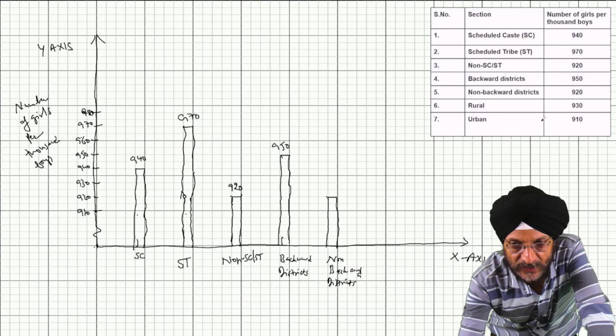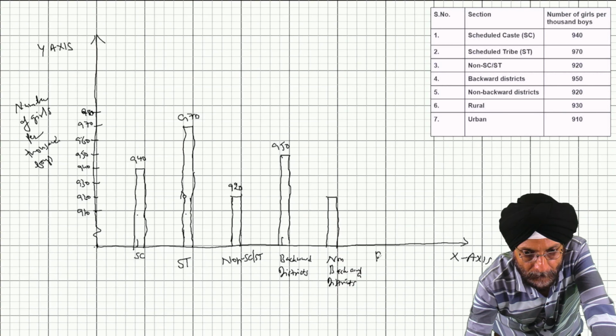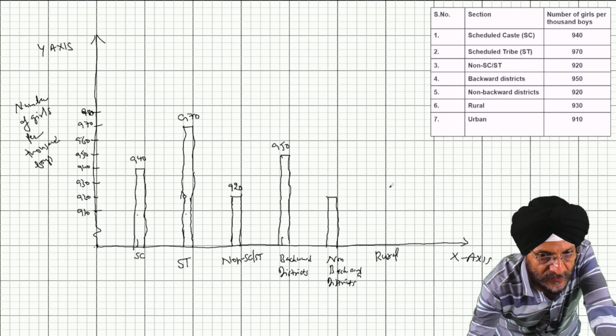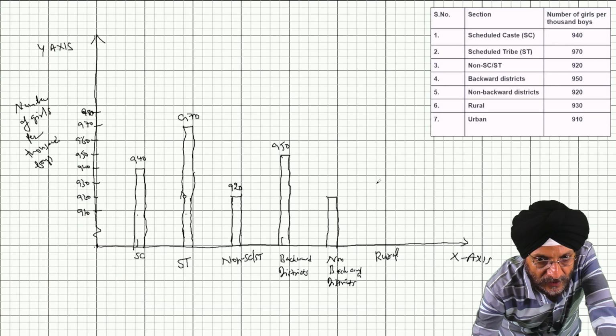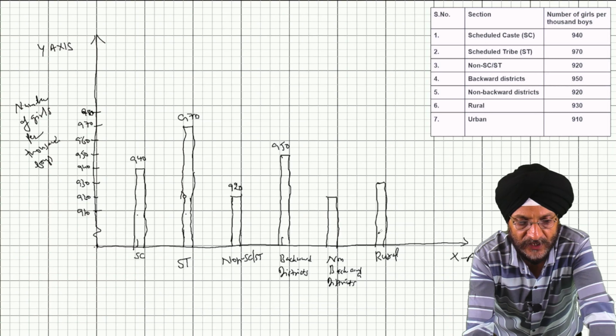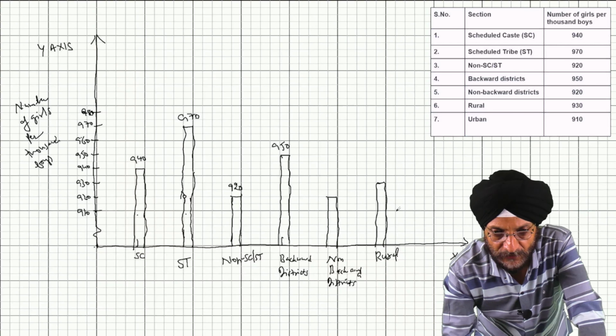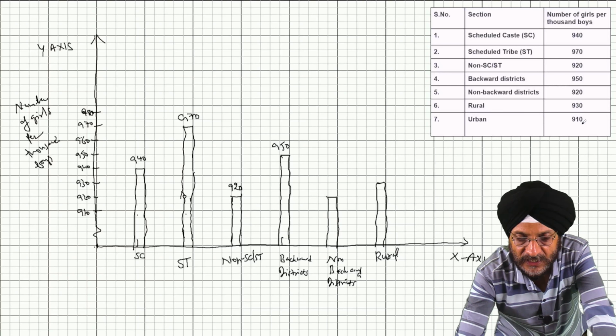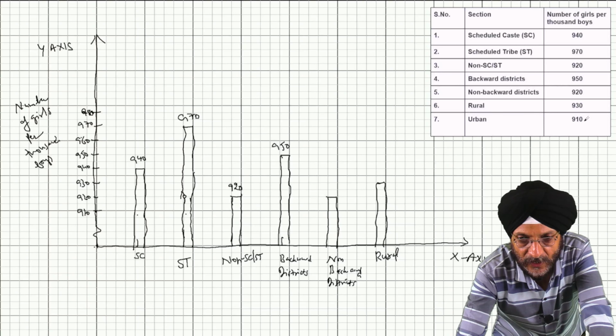Now another is rural. Rural is 930. 930 is here. We are drawing the bars in respect of the information which is obtained from the table which has been given to us in the examination. Now this is the urban.